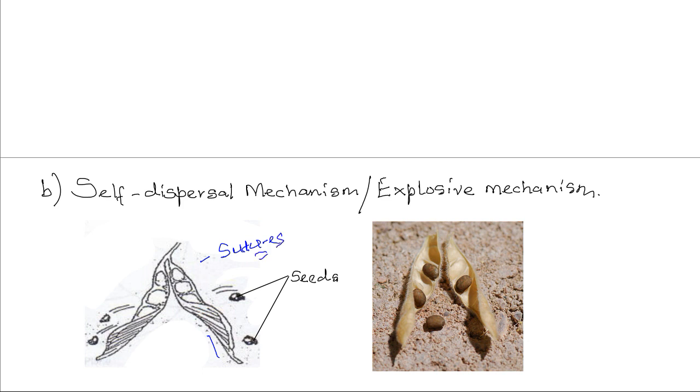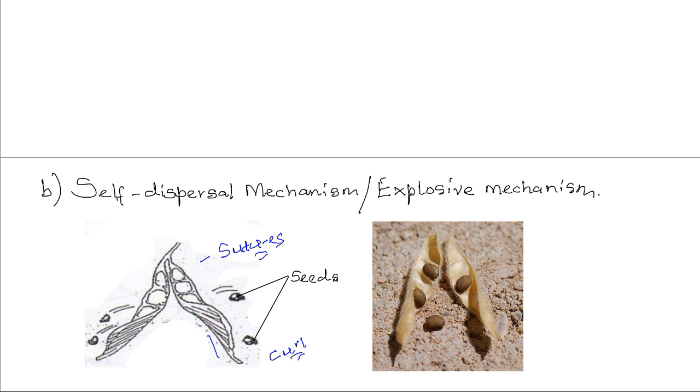So as the pod dries, there's a tension that is caused in the fruit wall. This tension makes the fruit walls suddenly split open along these lines of weakness into two halves. The two halves then tend to curl outwards, thereby scattering the seeds.